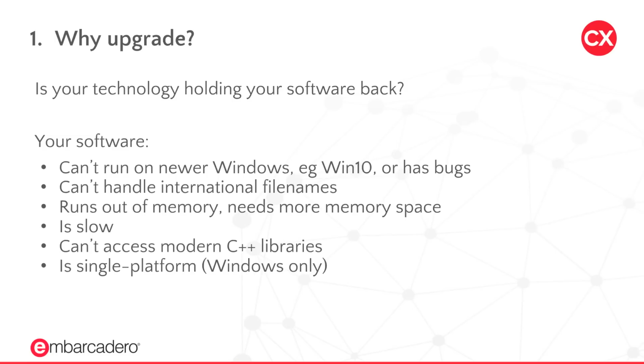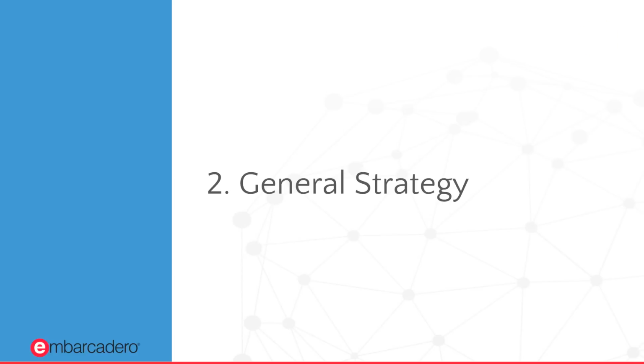Or you might want to write cross-platform applications, and you're stuck on a version of C++ Builder that is Windows only, and so you want to move forward. There might be other reasons as well. But all of these add up to quite possibly many reasons for you to upgrade from older versions of C++ Builder to a modern one. So the rest of the webinar is going to be focused on practical advice for how to do exactly that.